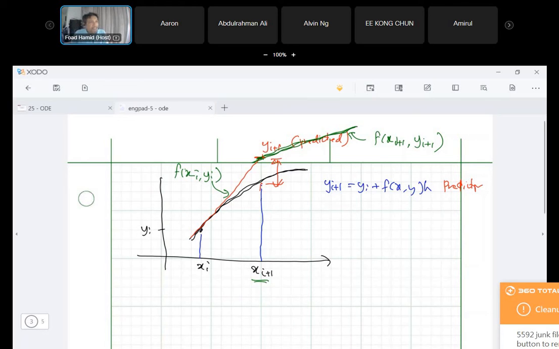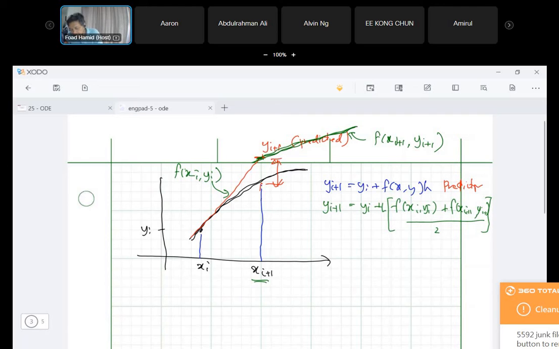So we take the average of these two slopes and use that to predict our new yi+1. So we corrected the value: yi+1 = yi + [f(xi, yi) + f(xi+1, yi+1)]/2 times h.